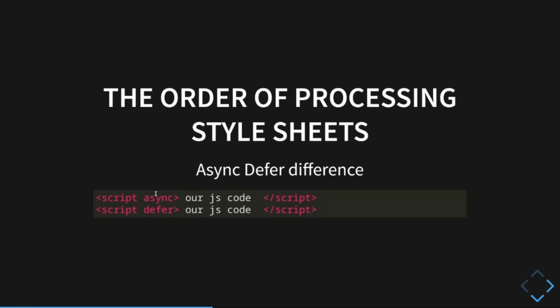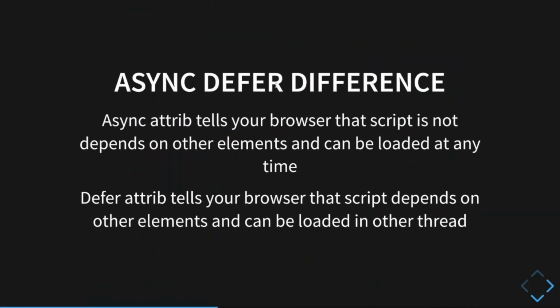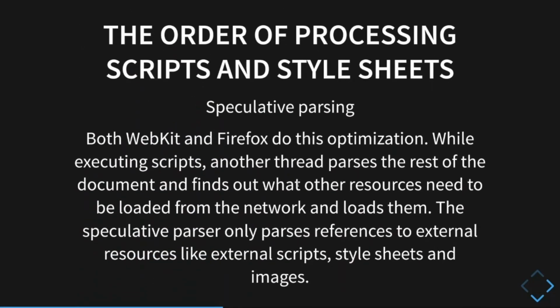One of these works in a parallel thread, and defer runs when the browser has idle time. So, the async and defer difference: the async attribute tells the browser that the script does not depend on other elements and can be loaded at any time. The defer attribute tells the browser that the script depends on other elements and can be loaded in another thread.